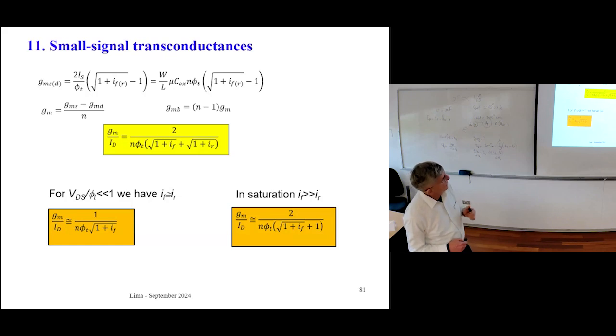There is an important figure of merit for a transistor, which is called the transconductance to current ratio. This relationship depends on both the inversion level at the source and the inversion level at the drain. Okay?